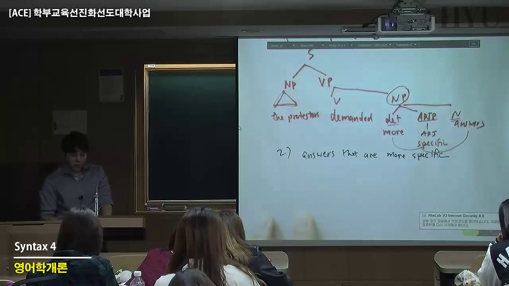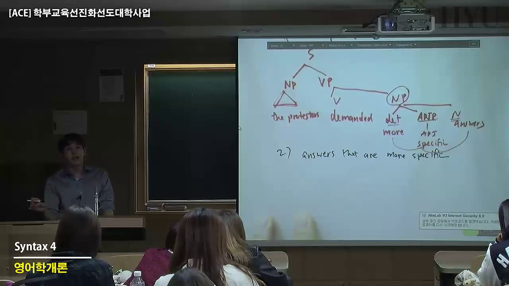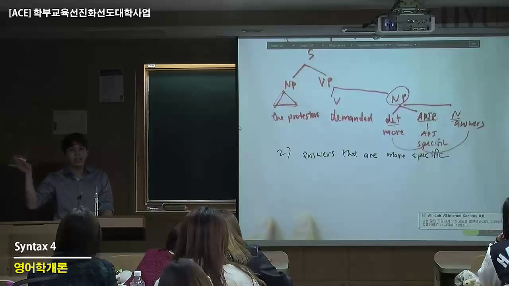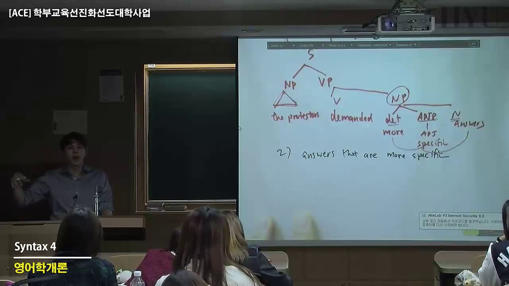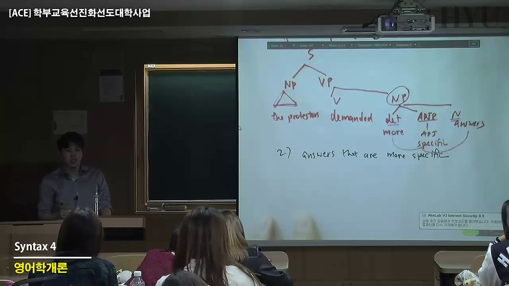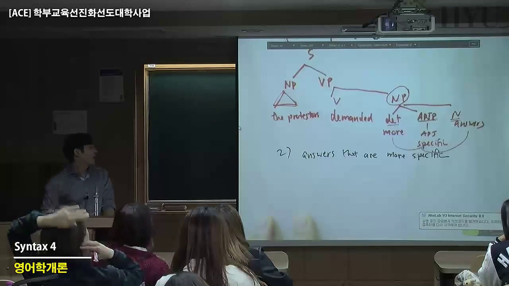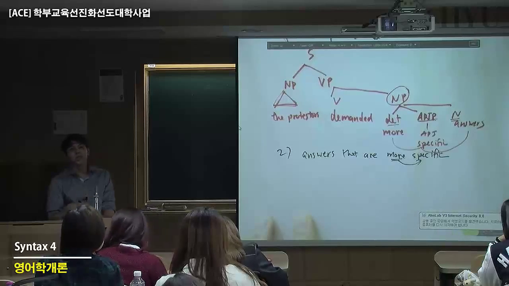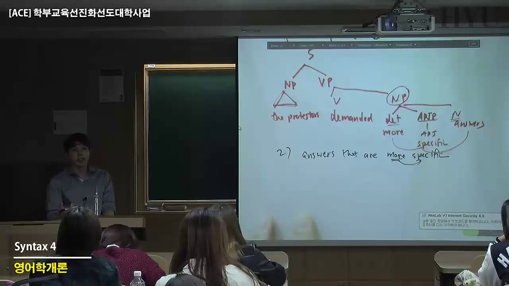In this case, the answers are not specific enough. But in the first interpretation, the answers are already specific, but they want more of those things. So in the second case, you have more as what you call a degree word for specific.